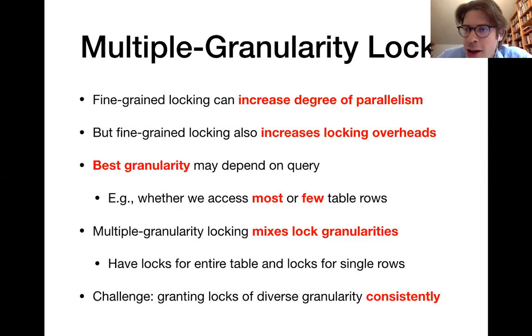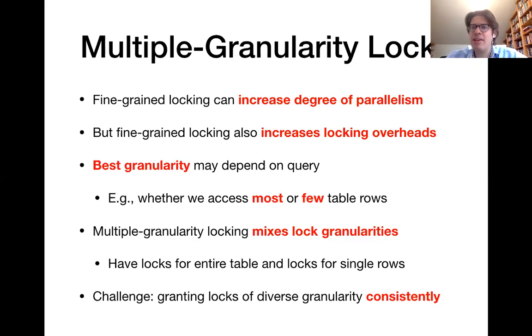If the lock manager has to manage lots of very small locks on many objects in the database, that might actually become a performance bottleneck. So there's some motivation for granting fine-grained locks. There's also some motivation for granting more coarse-grained locks. And it is difficult to say which of those works best in general.